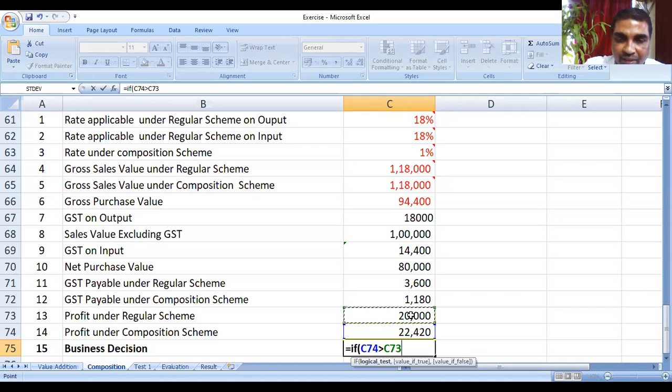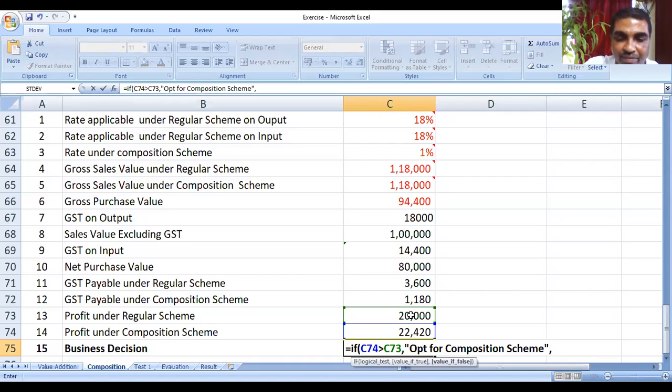Then you write comma, then inverted comma, opt for composition scheme, inverted comma ends. Then give a comma.